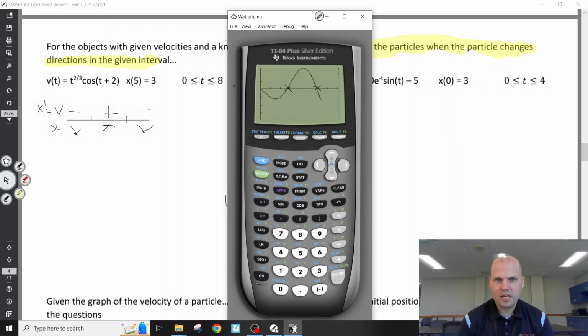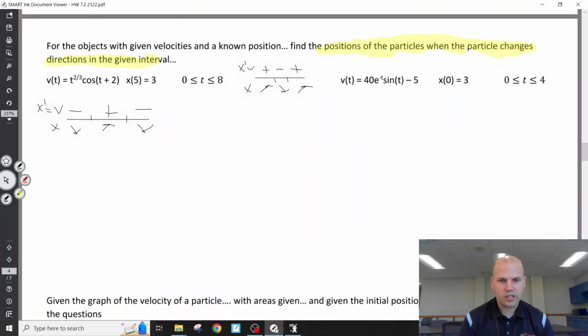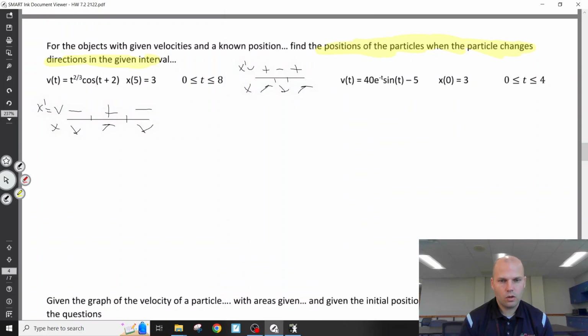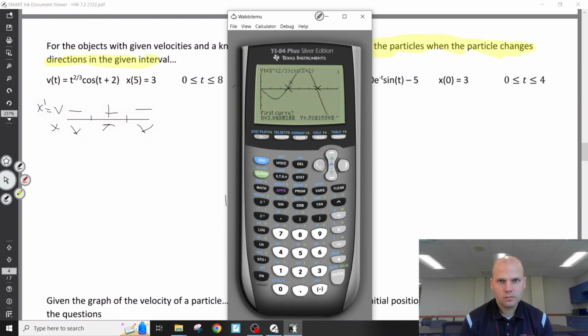Because y equals 0 is graphed on the x-axis, I can find the intersection. Second calc intersection. Some of you are cool with finding zero, going to the left and going to the right. Now I go to the intersection. Enter, enter, enter. And I get this number.